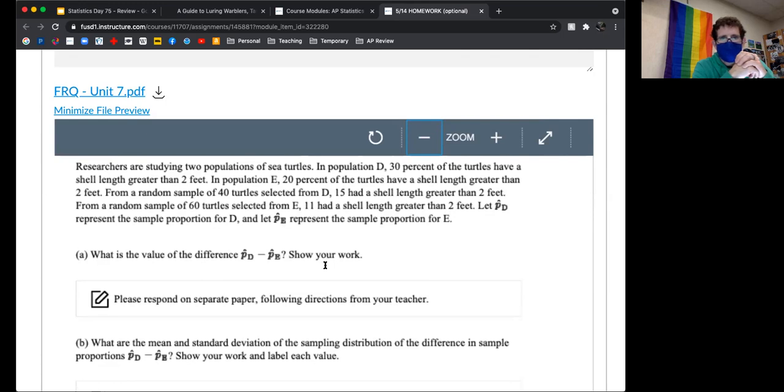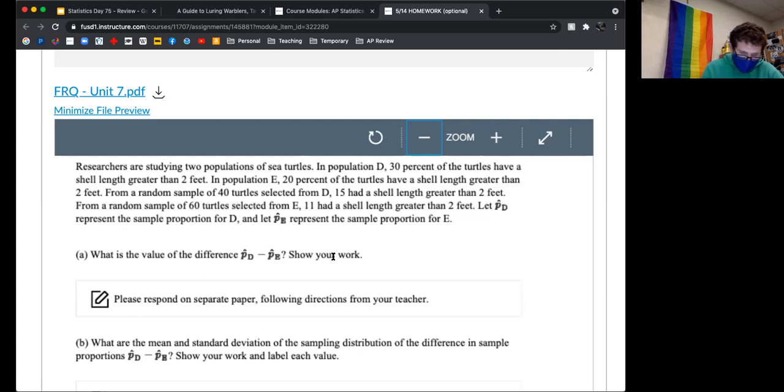So these are sample proportions, and we are looking for the value of the difference of p hats, p hat D minus p hat E. So this is basically the value of our statistic that we're going to test.